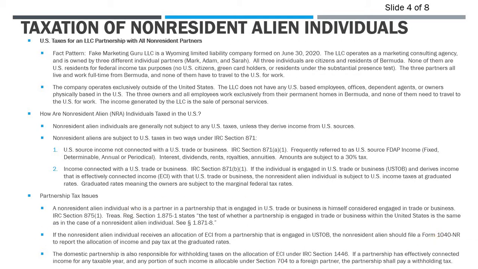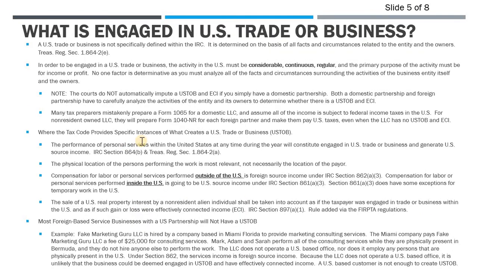Okay, so let's move on to slide 5 here. Okay, so this is the big question. What does it mean to be engaged in a U.S. trade or business? And the reason why this is so important is because when you have a U.S. partnership with non-resident owners, unless the entity is engaged in a U.S. trade or business, there's not going to be any U.S. taxes owed on those earnings.